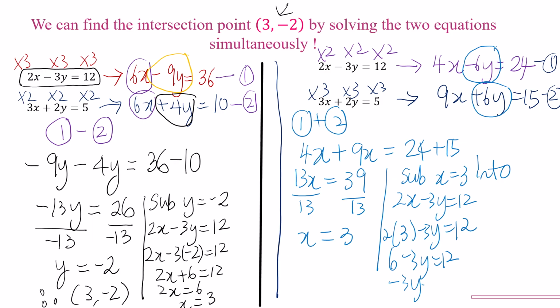Negative 3y equals 12 minus 6, which is 6. Divide both sides by negative 3, you will get 6 divided by negative 3, which gives you negative 2. So the answer you get will be 3 comma negative 2, which is the same answer as what we have found graphically, and also when we eliminate 6x.